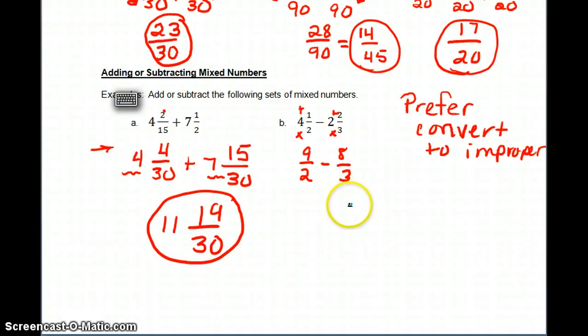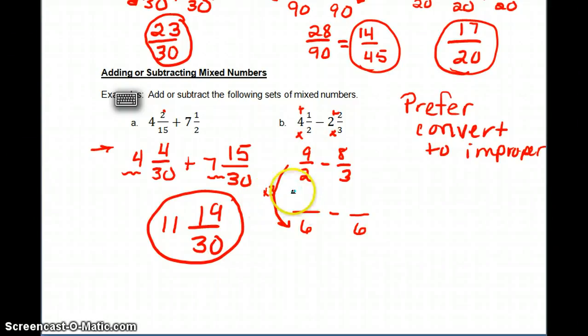They still do not have the same denominator, so we need to find an LCD. As we go through the list of factors for 2 and 3, we will find that their LCD is 6. So I'm going to draw in my fraction bars, minus, and 6's. To go from the 2 to the 6, we had to multiply by 3.